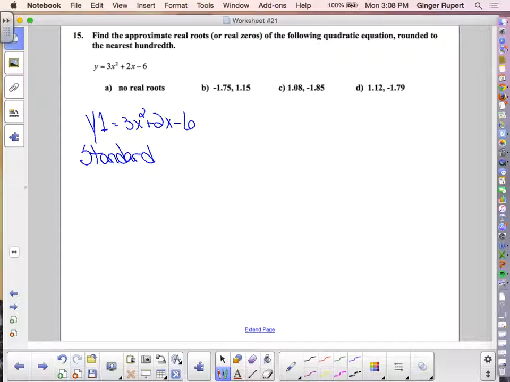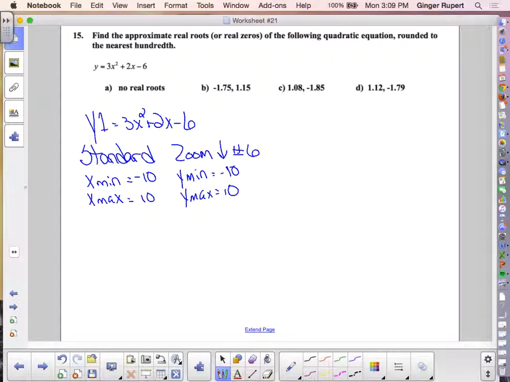That means you're going to go zoom and then down to, I think it's number 6, standard. Should be an x min at -10, an x max at 10, a y min at -10, and a y max at 10. Then you'll have your graph.